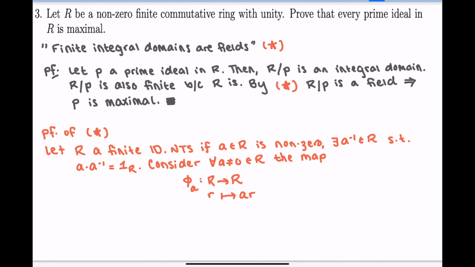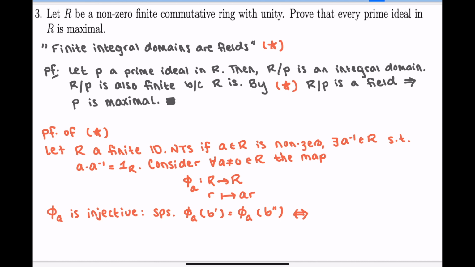Because R is finite, if I can prove just one of those things, then both hold. So my claim is that phi sub a is injective. Let's suppose phi sub a of b prime is equal to phi sub a of b double prime.